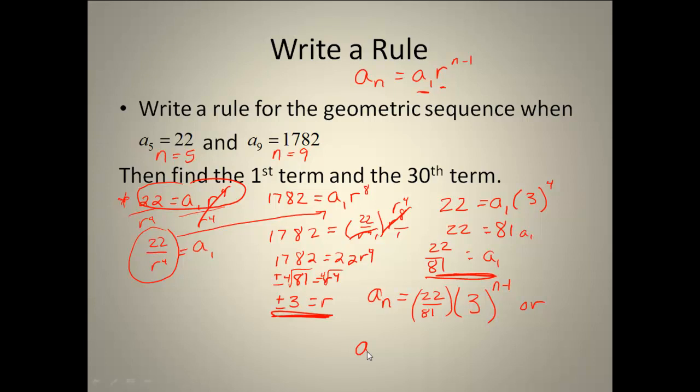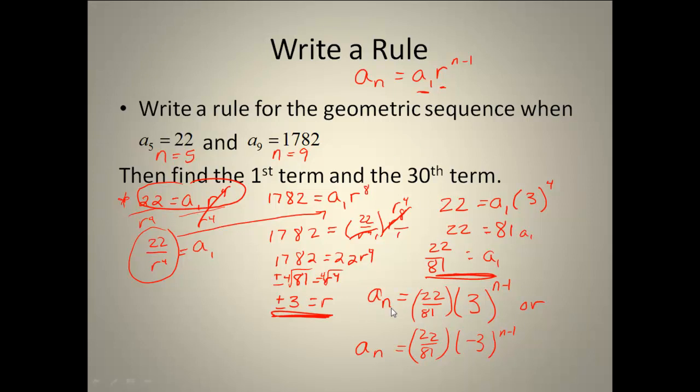Or my rule could have been a sub n is equal to that 22 over 81 times negative 3 raised to the n minus 1. Now, we don't know which one it is strictly based off of the information here, so it could actually be either one of them.